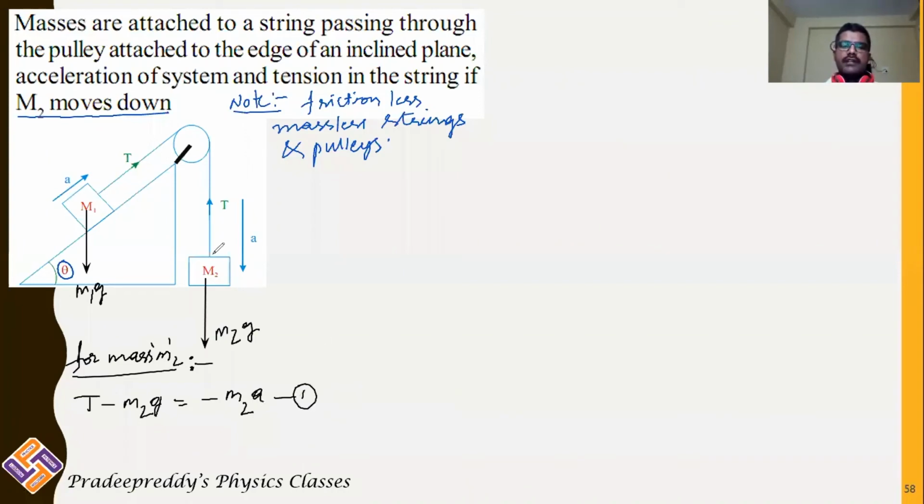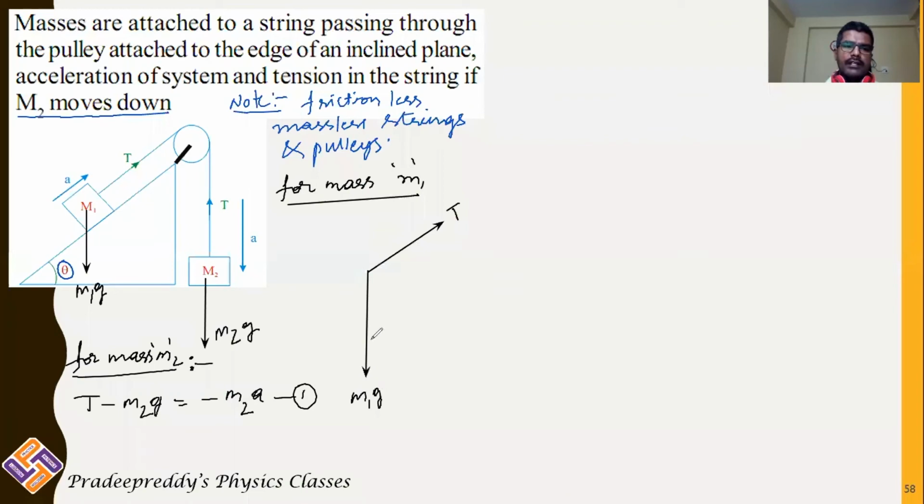This is for the first mass, M2. Now let us take mass M1. But if you are considering mass M1, observe carefully. These are the vectors which you have. One vector is in the downward direction and the other vector is along this direction, and acceleration is also in the same direction. Acceleration is along the plane. This is tension T and this is M1G.